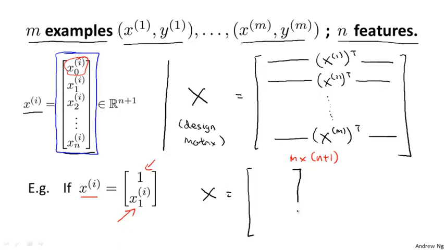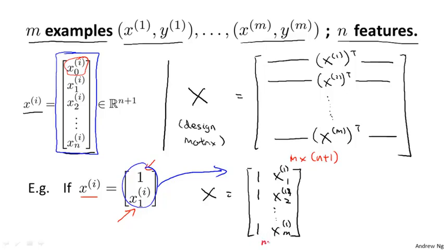For the first row, I take this and take its transpose, so I end up with 1 and then x1(1). For the second row, I end up with 1 and then x1(2), and so on down to 1 and then x1(m). And thus this will be an m by 2 dimensional matrix. So that's how I construct the matrix X.